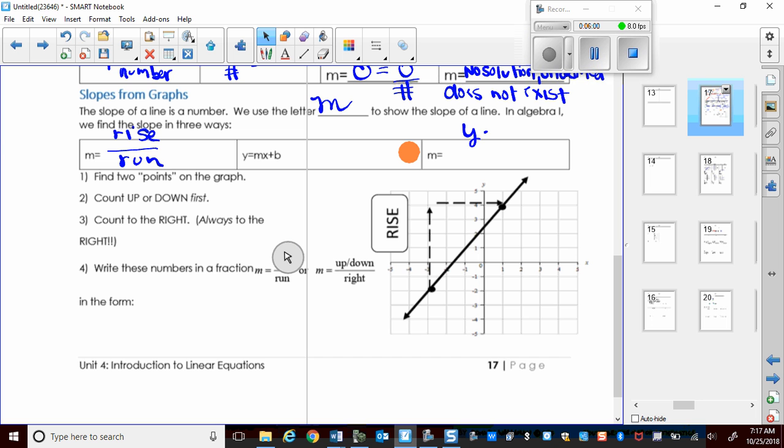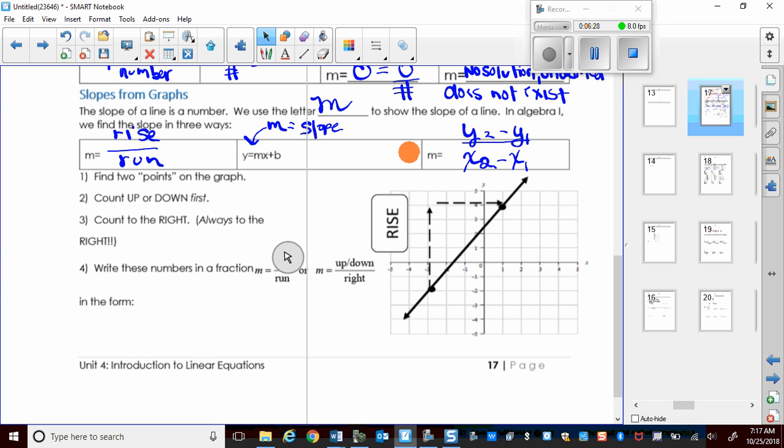So y sub 2 minus y sub 1, or second and first y, divided by the quantity of second and first x subtracted. Or if it's in slope-intercept form, the m equals the slope. Whatever number is in front of x equals the slope.